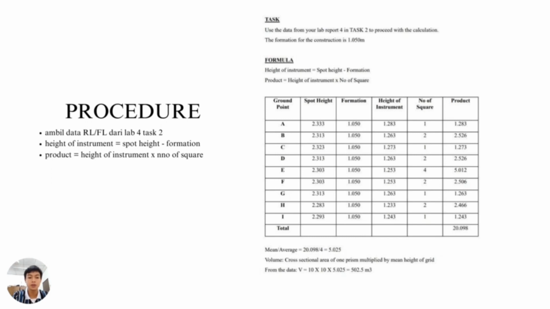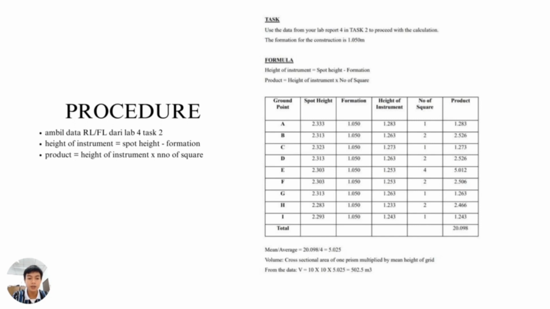So in this study, we collect data on spot height, formation, height of instrument, number of squares, and product. We use a formula to calculate the height of instrument by subtracting the formation from the spot height. Then we multiply the height of instrument by the number of squares to obtain the product for each ground point.